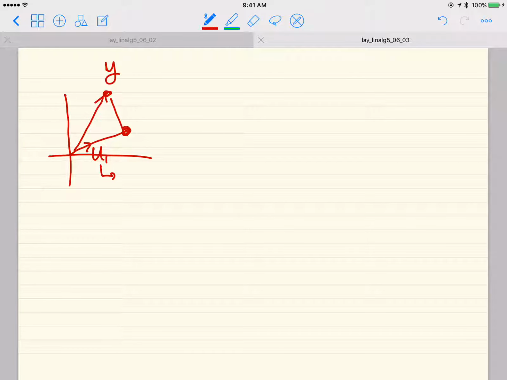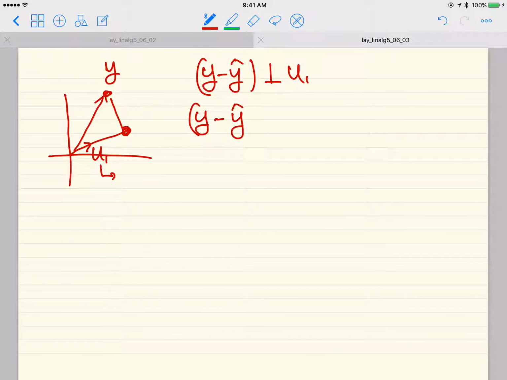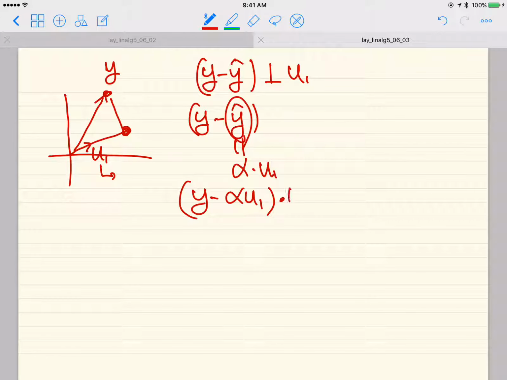I'm doing the same derivation for it. y minus y hat will be perpendicular to u1, right? And this y hat should be alpha times u1. So (y minus alpha times u1) inner product with u1 should be 0, right?